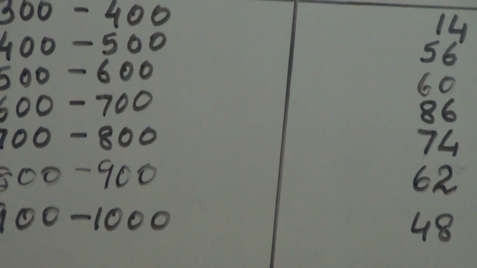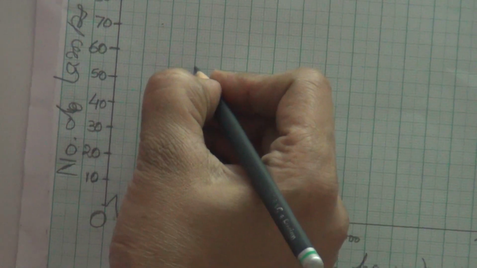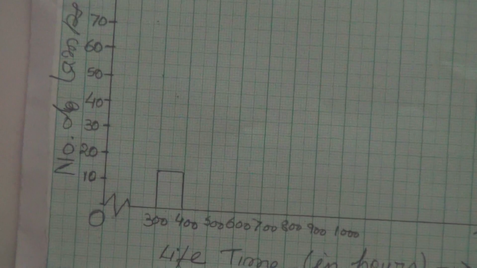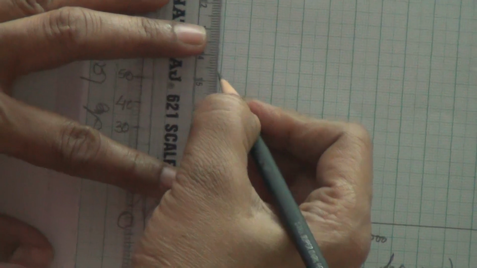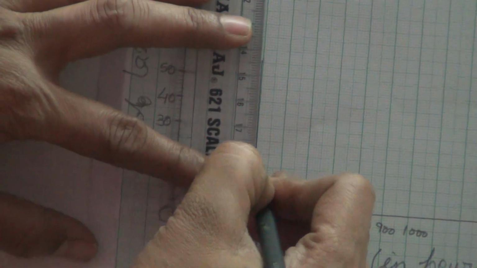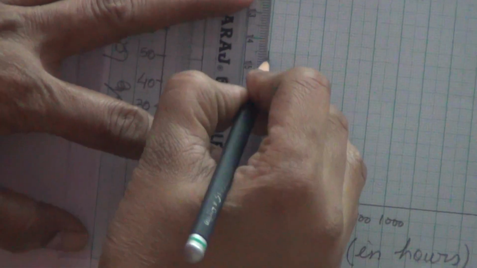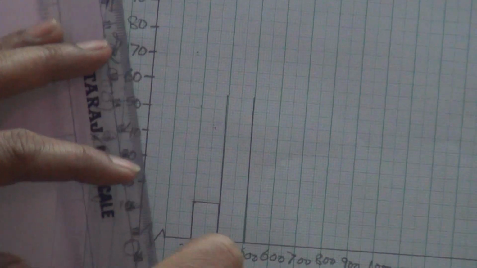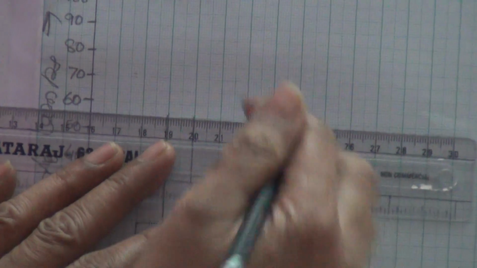Now 400 to 500, number of bulbs 56. 50 is here. First of all, let us put the mark 50, 55, and here one little bit more than that. So we will start from here only. I have already put the mark, so it will make our work easy. Here this is 55, the bold one, and a little bit more than this, one small division, gives us 56.